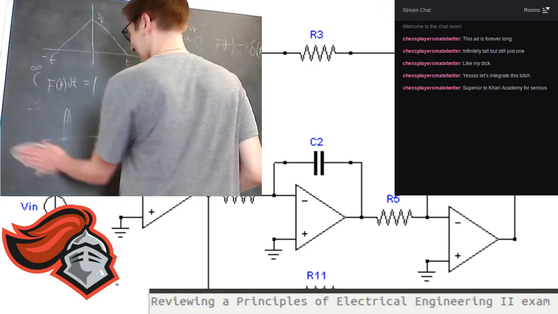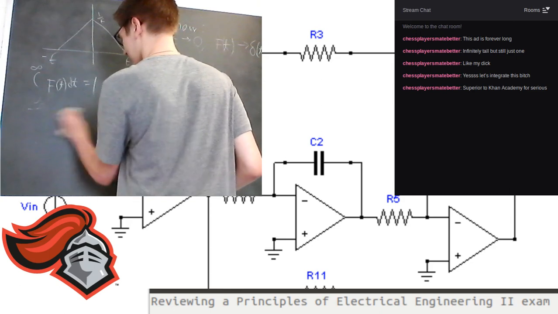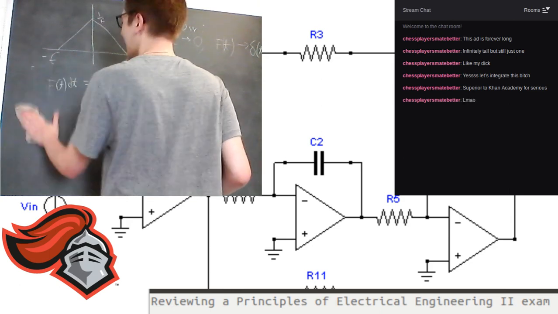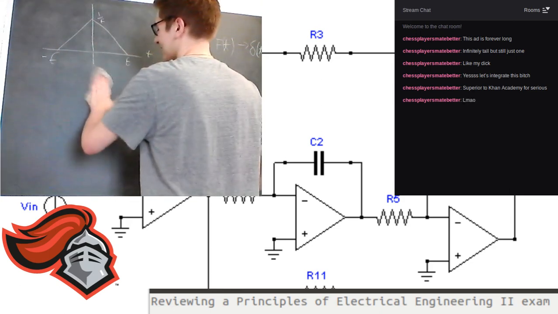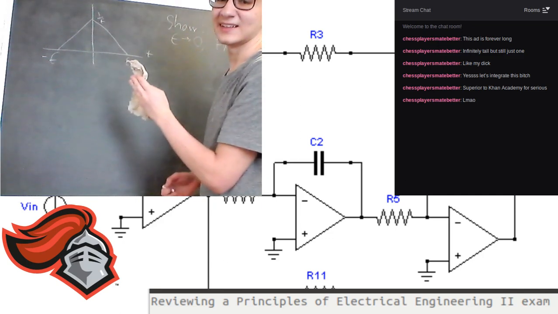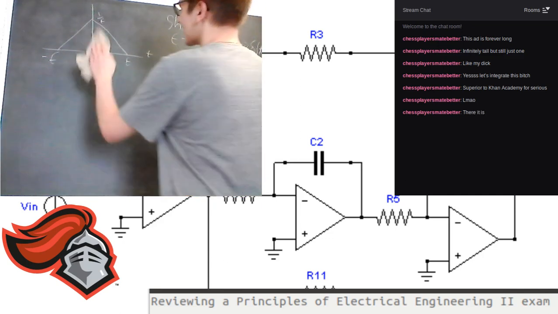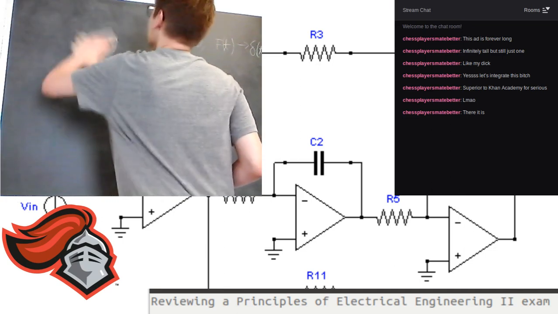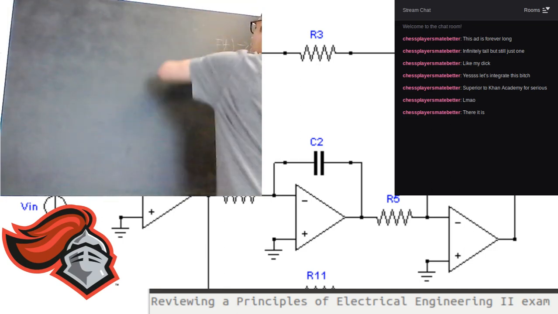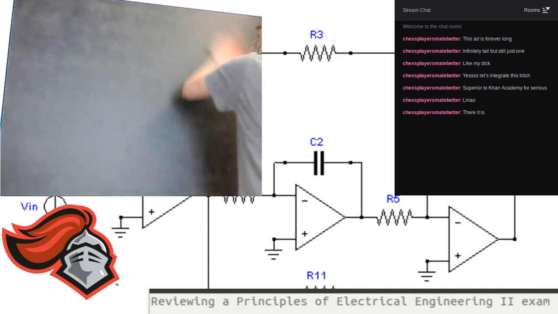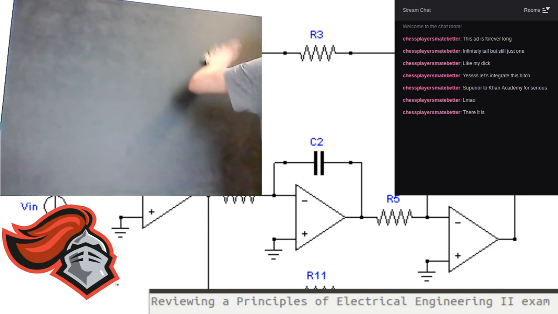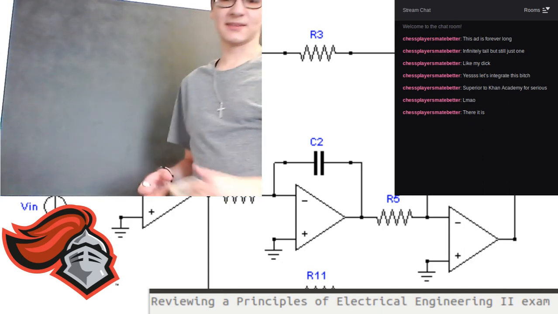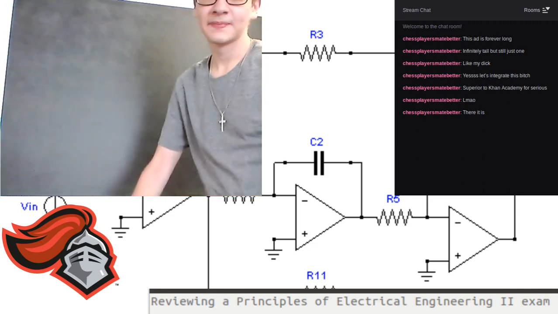I think I got at least most of the credit, if not all, because I'm pretty sure he did a problem just like this during the review session. So yeah, that was question number 1. That was worth 15 points, I believe. It was kind of an easy 15 points to pick up.